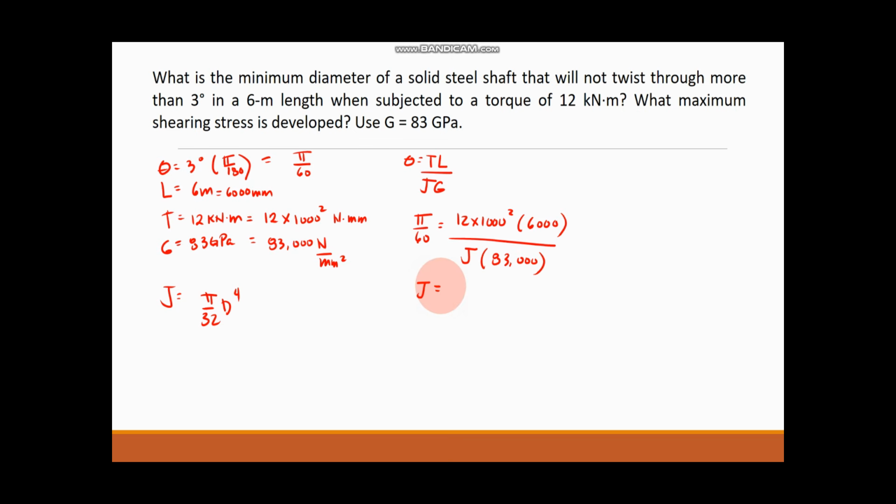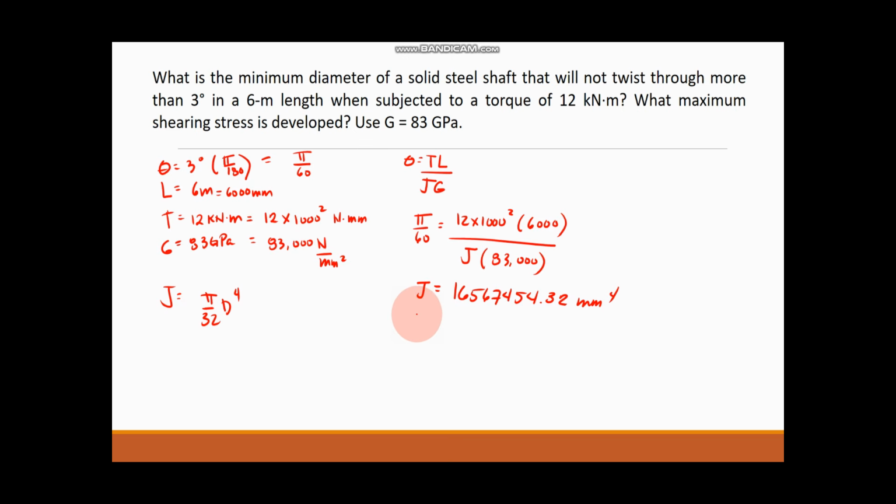Therefore, the polar moment of inertia is equal to 1656745.32 millimeter raised to 4. And then the polar moment of inertia is expressed by this formula. So substitute lang natin yung polar moment of inertia with this.